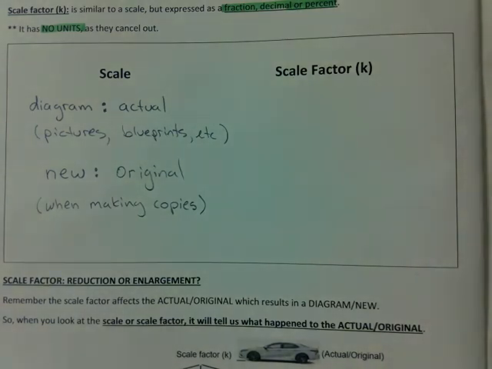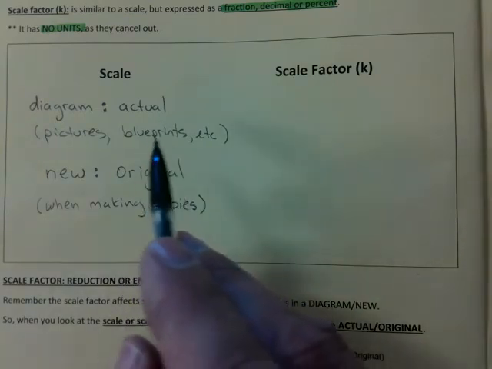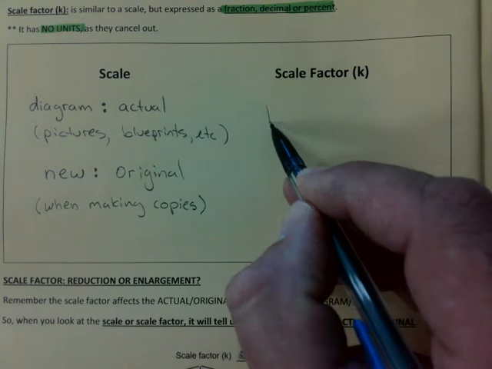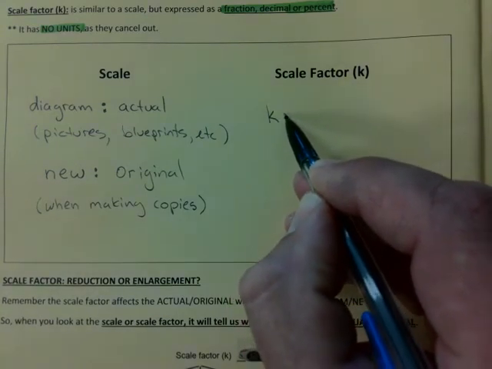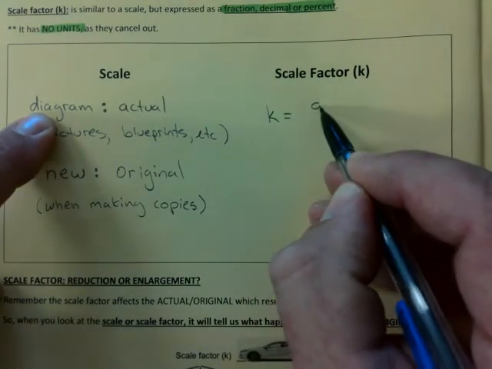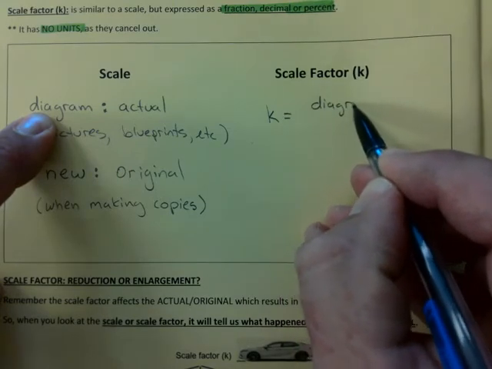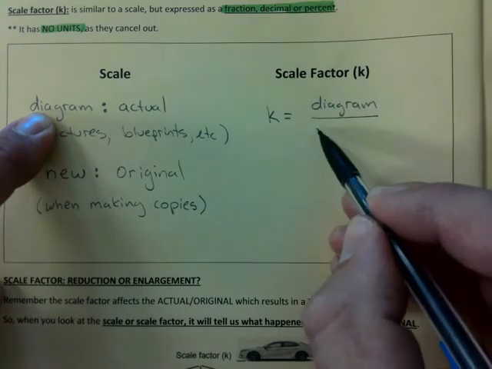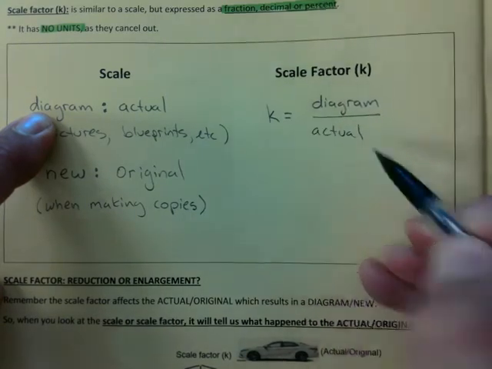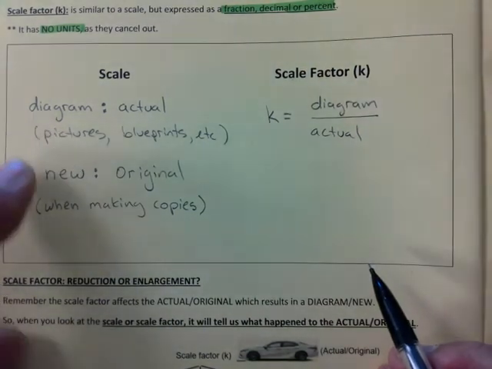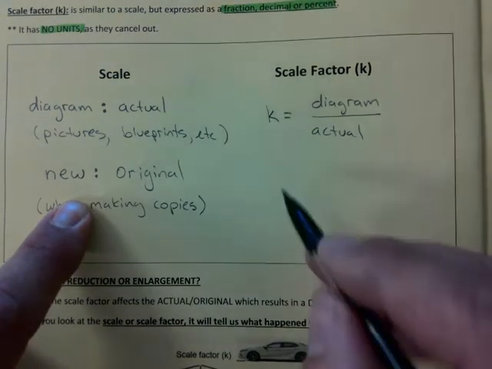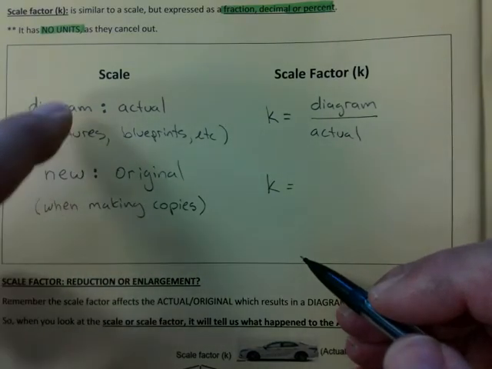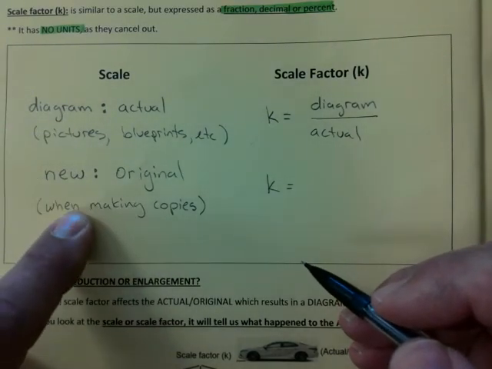And then scale factor, we most likely will be writing it like this. Watch. The scale factor is found by taking the diagram, it will be a number down the road, divided by actual. Or we will only be using one of these versions depending on the situation. Okay.